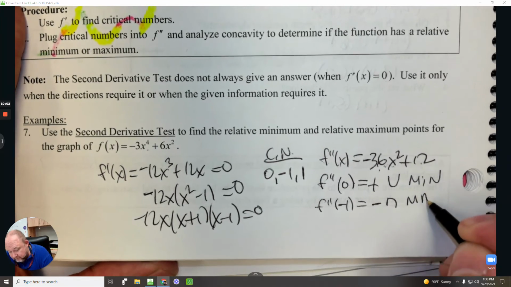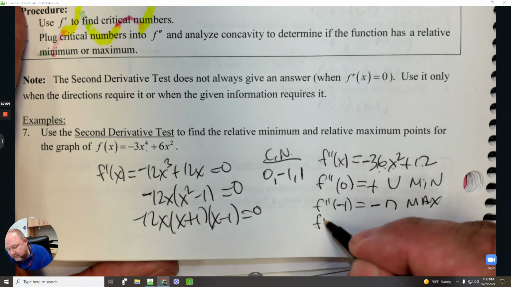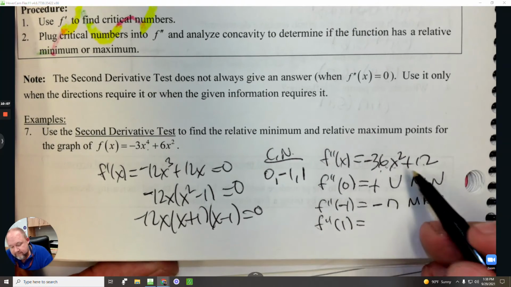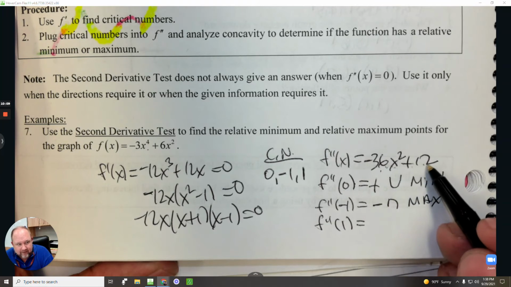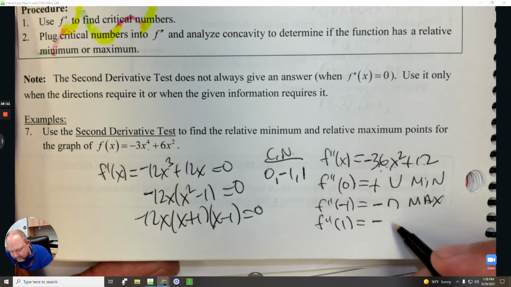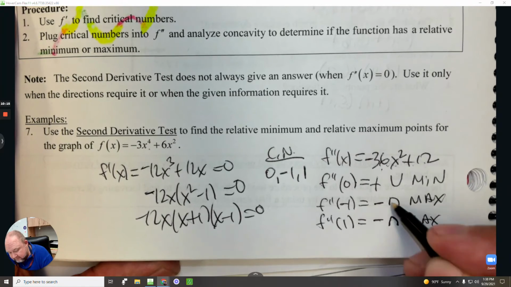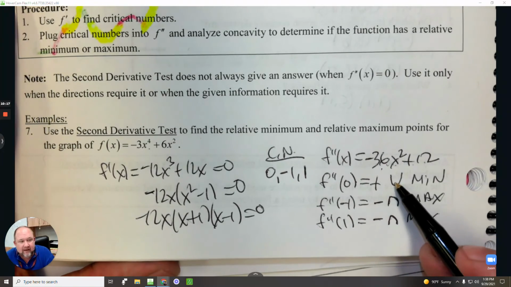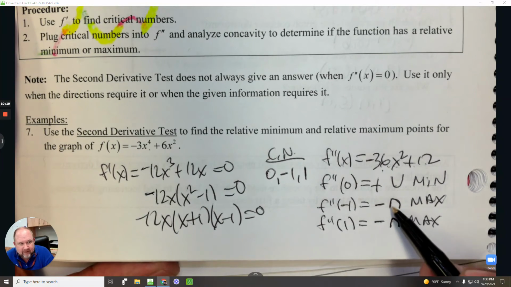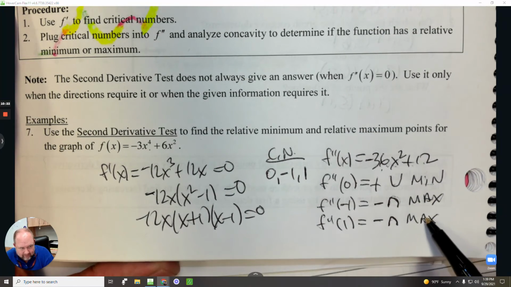That's a max, since it's concave down. One more time, plug in positive 1, and again it's negative 36 plus 12, so it's negative. Again, it's a maximum because it's concave down. So concave up creates a minimum, and concave down creates a maximum.